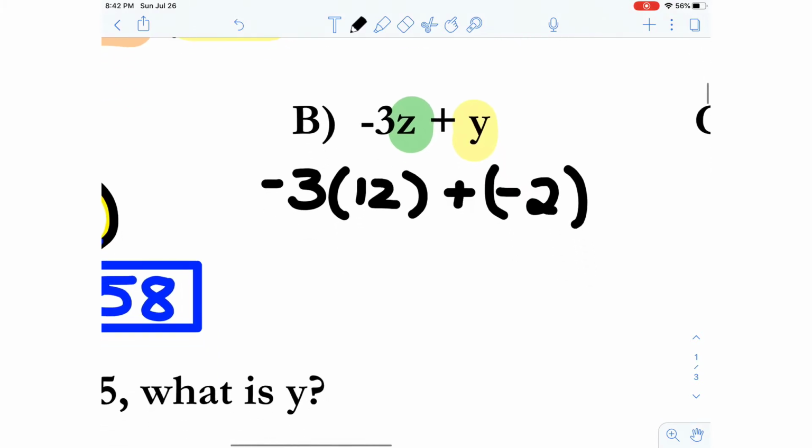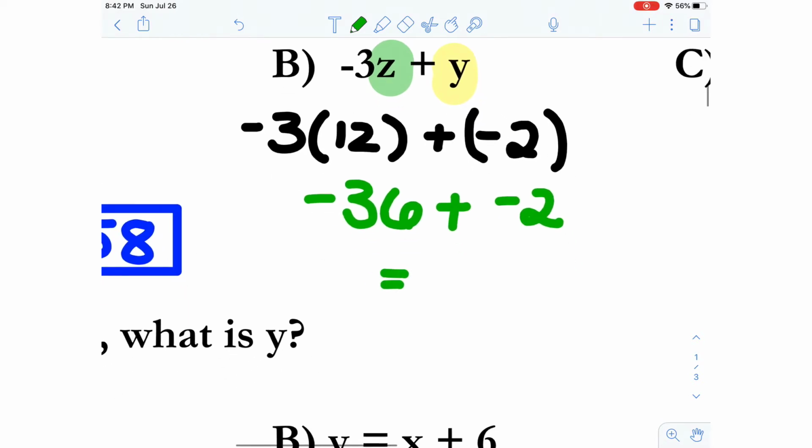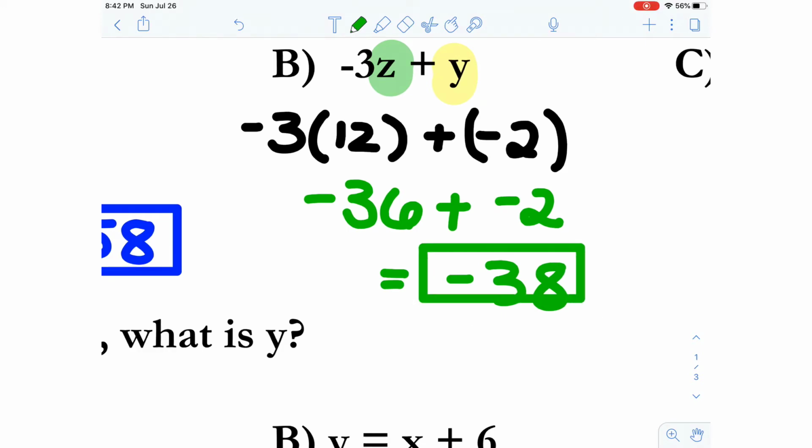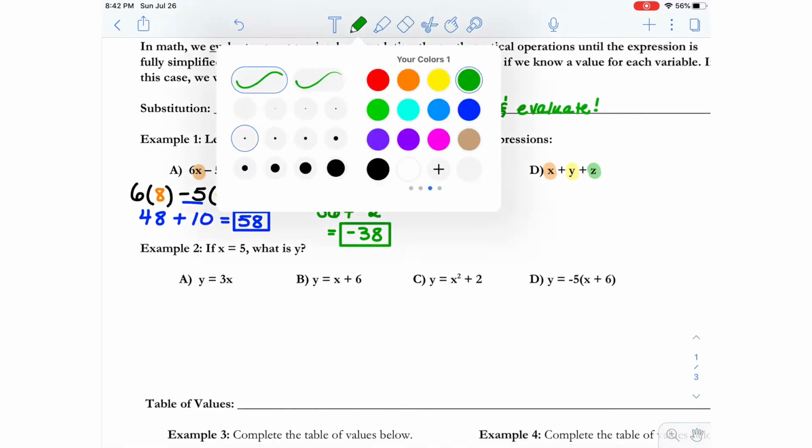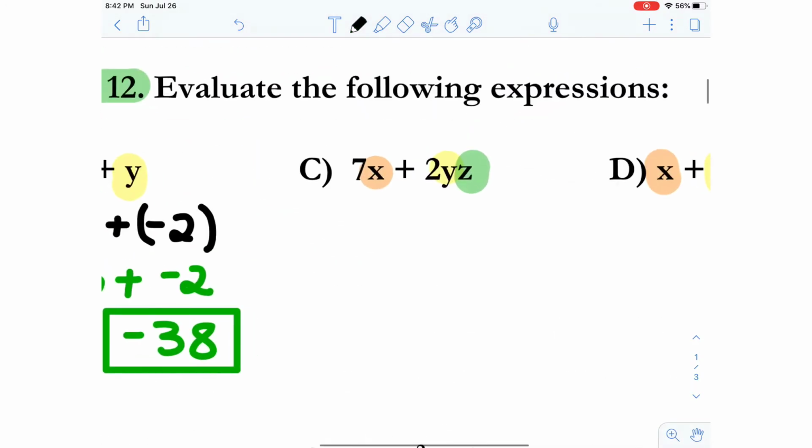Again, I like to use parentheses around the negatives especially. And now let's evaluate. -3 times 12 gives me -36. Plus -2, I can use my calculator for that, or I can do it in my head. It's -38. Final answer.